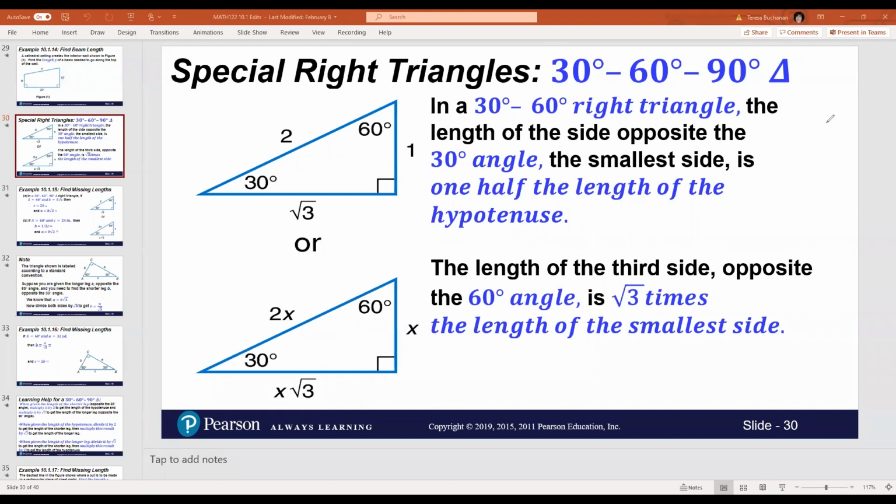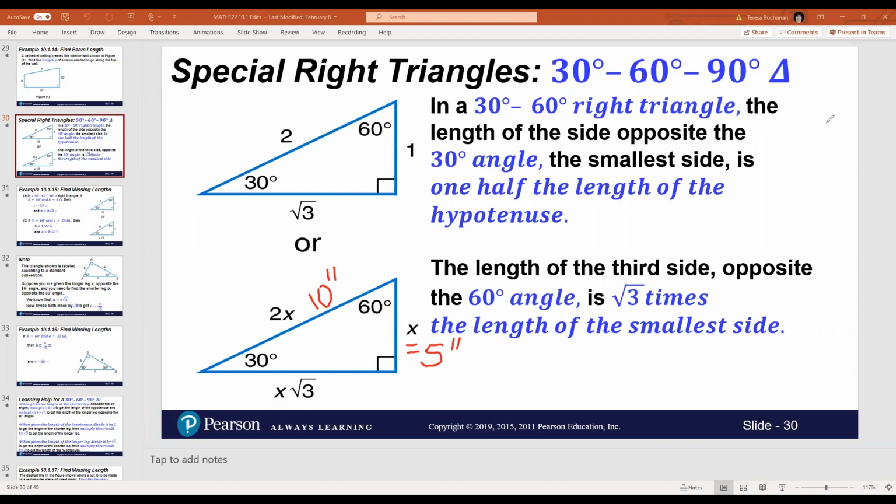So for example, if X say is 5, maybe it's 5 inches. I know because it just always happens this way with the 30, 60, 90 relationship that if this is 5 inches, my hypotenuse has to be 10 inches, 2 times the 5.